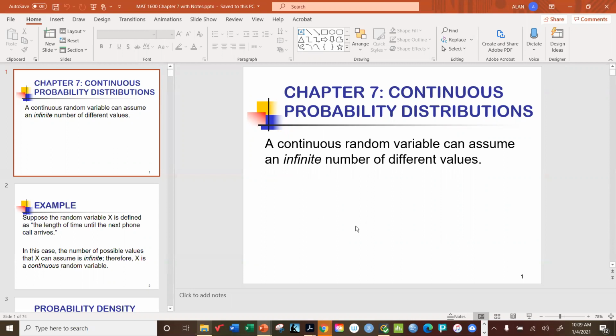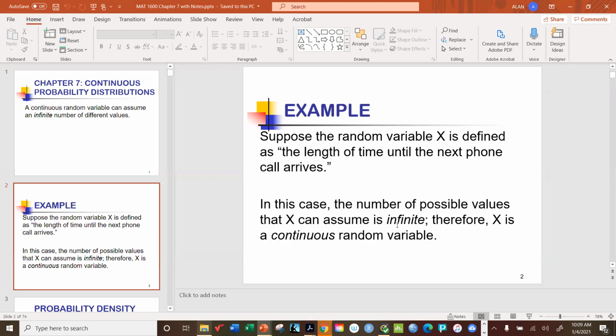So let's get into this. Here's a simple example of a continuous distribution. Suppose that we define X to represent the length of time until the next phone call arrives.